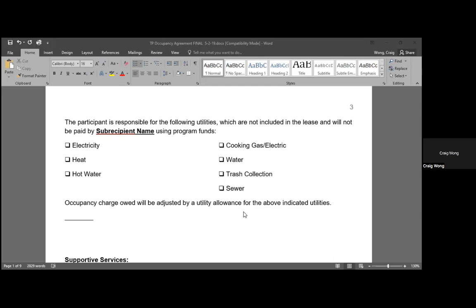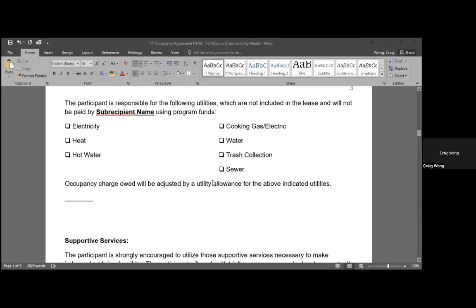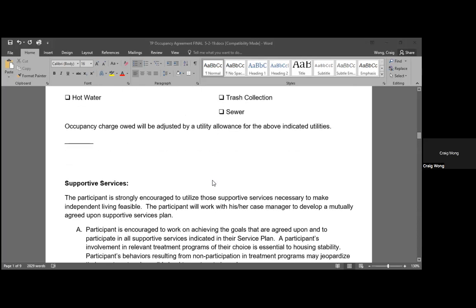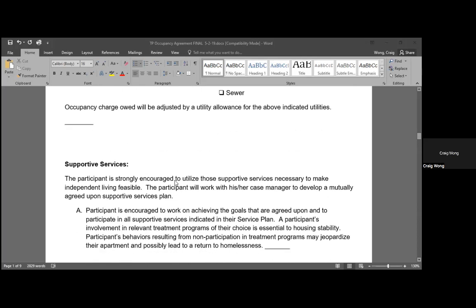In some units, they might be responsible for electricity, heat, hot water. So the client can check off, or you can check off, what applies to them in your particular program. And again, they can initial at the bottom.